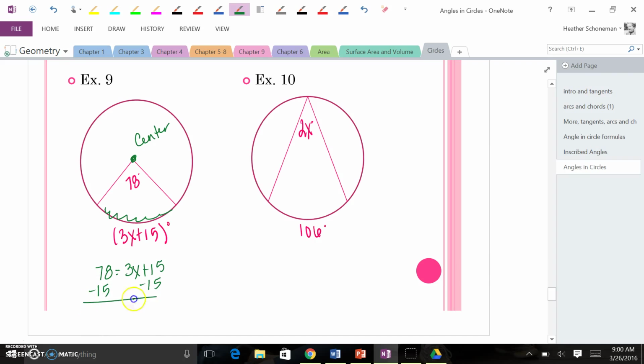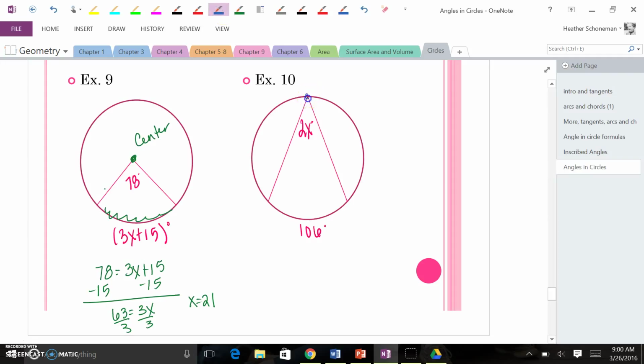So we'll subtract 15. 78 minus 15 is 63. So I get 63 equals 3x. Divide by 3, x is 21. Now this right here with the vertex on the center formed by two radii, that's a central angle. We've had that multiple times before today.